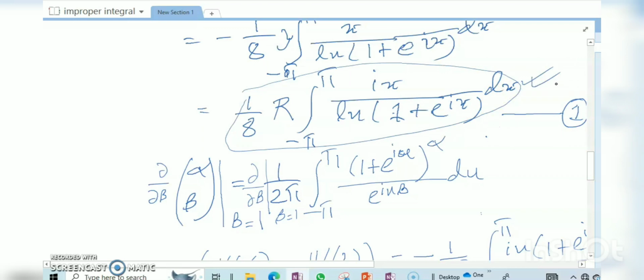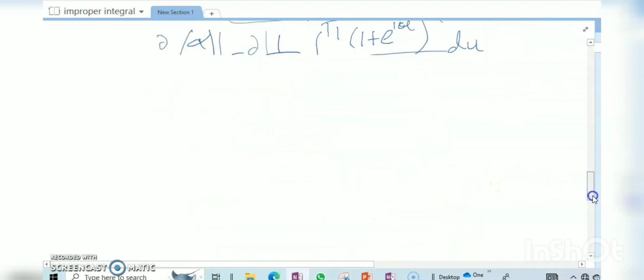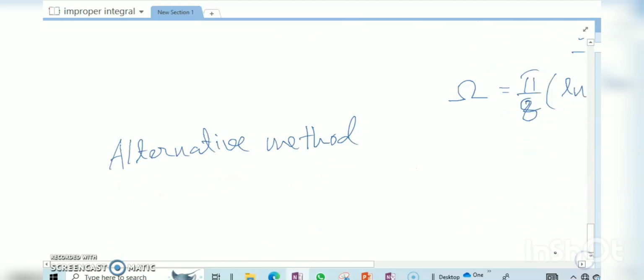So I apply this process, a different method. You will learn this technique, because this technique is very interesting. So what is my omega value? I get omega is equal to, okay, no problem. So how can I solve?